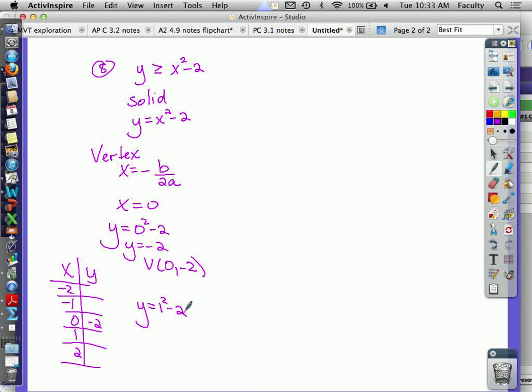Alright, so if I do 1 squared minus 2, that's negative 1, and you'll use symmetry to fill in your table. And then if I do x is 2, 4 minus 2 is 2.